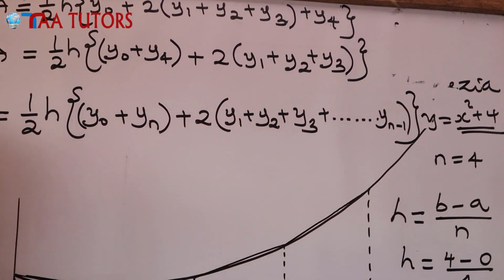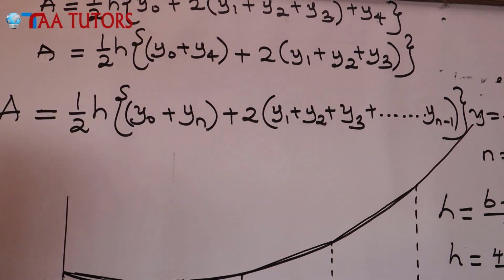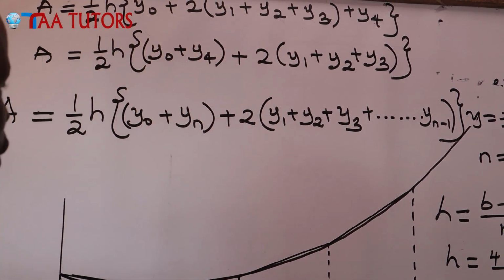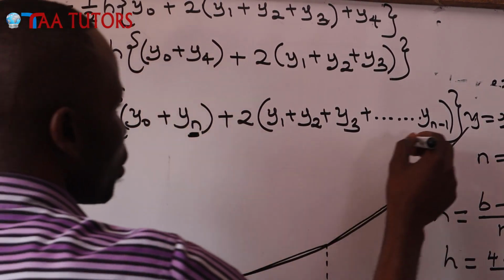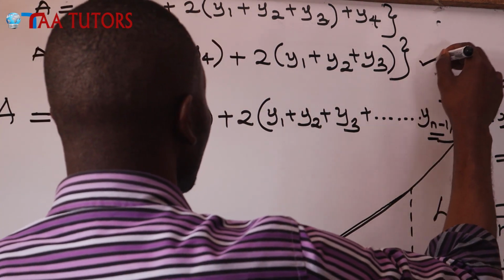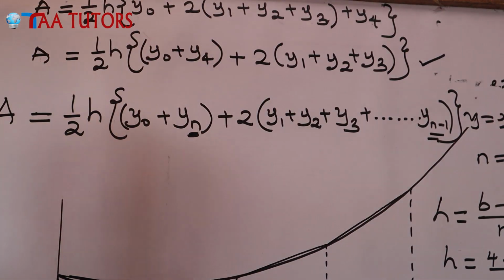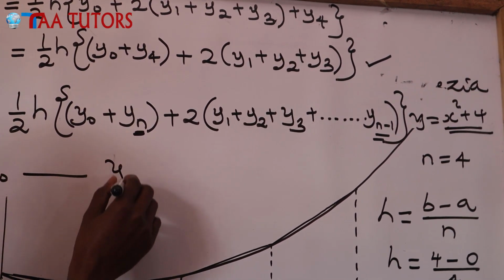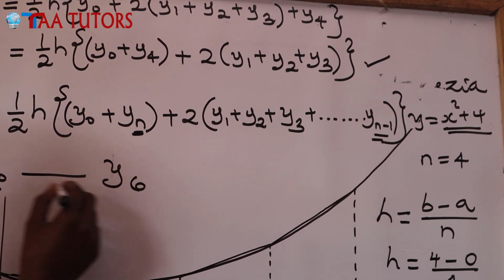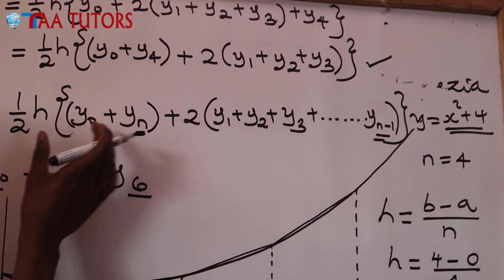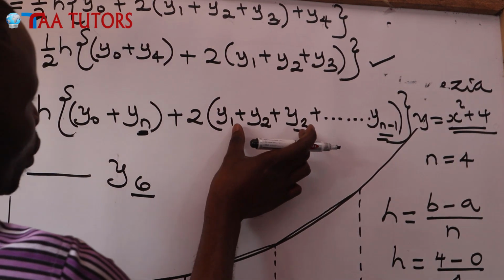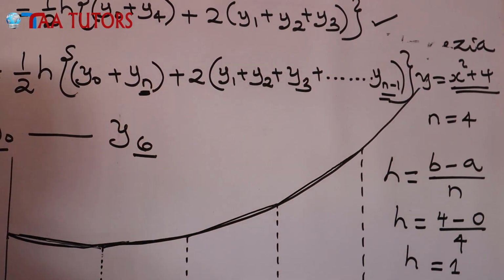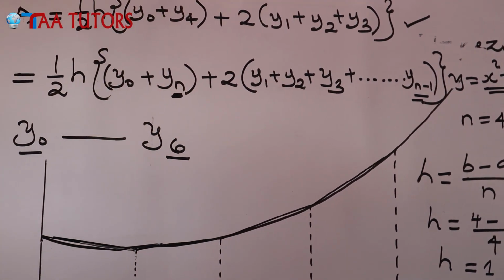This actually will give you the area. Now sometimes I don't like using n here because students will struggle to understand. This first formula will help you, so that if you have y0 to y6, you expect that y0 and y6 will be the ones here. Then between y1 to y5, you are going to have them here times 2. Then probably the problem is solved.